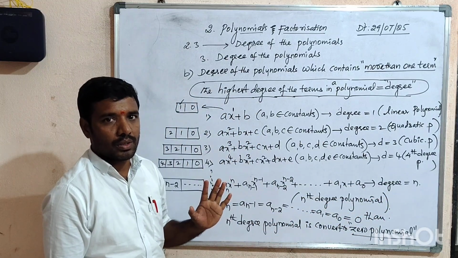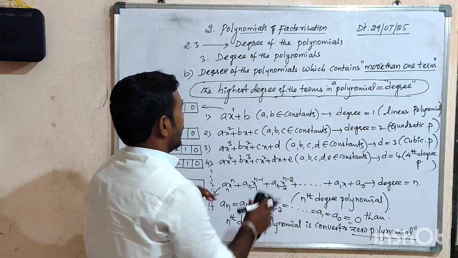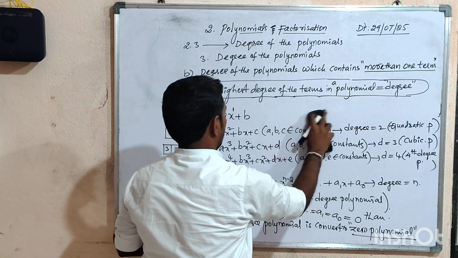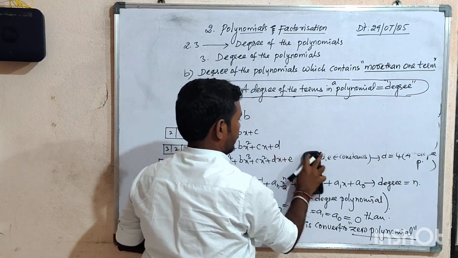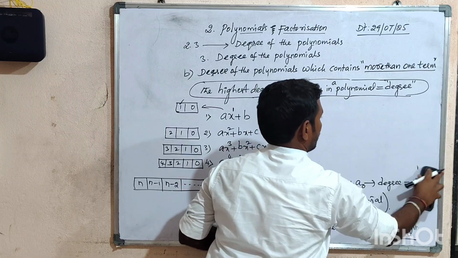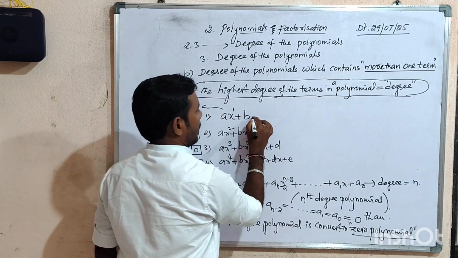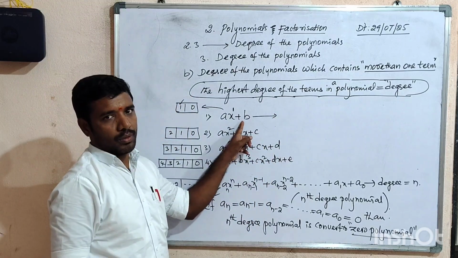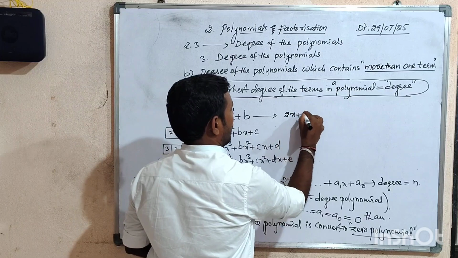I think you got it. No doubt, no. Let us see a few more examples of linear polynomials. This is what we just discussed, no? It is a linear polynomial. Now I want to give a few examples. 2x plus 3.